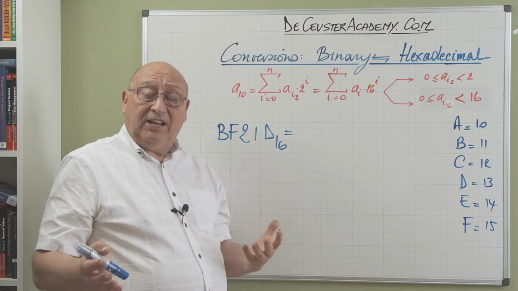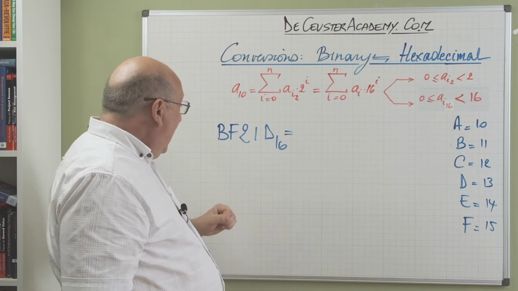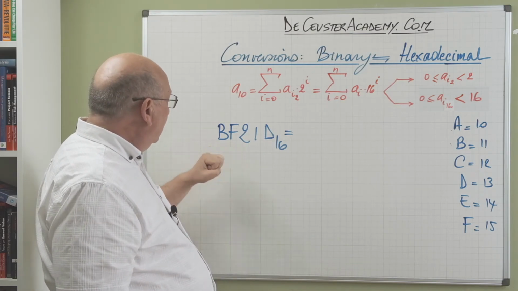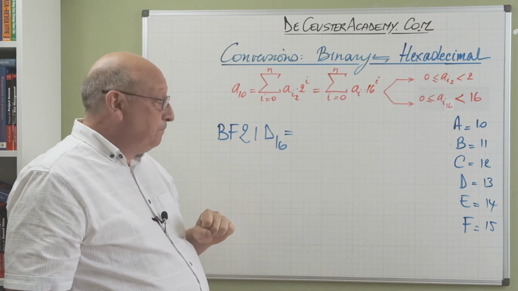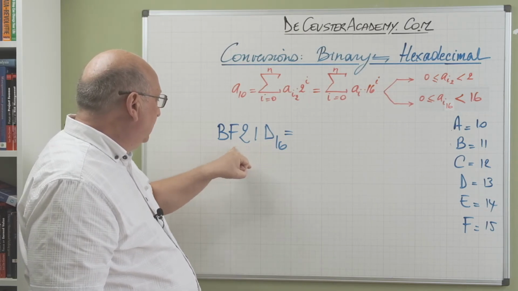This is the last exercise we're going to complete in this video, and we are going to find the binary equivalent of the hexadecimal number BF21D. Now we have here 16 to the power 0, 1, 2, 3, 4.